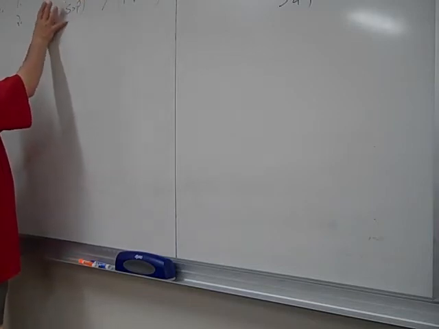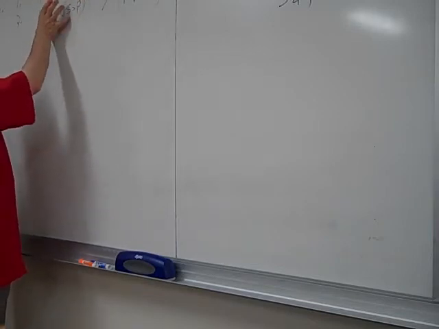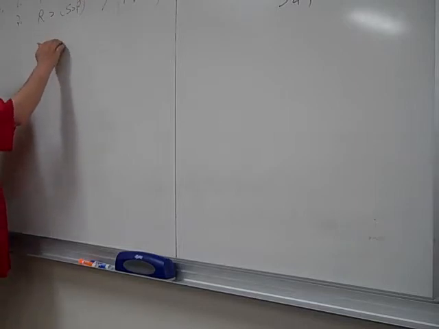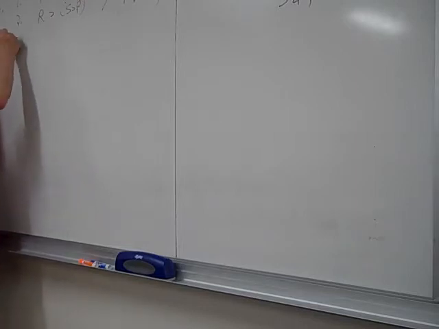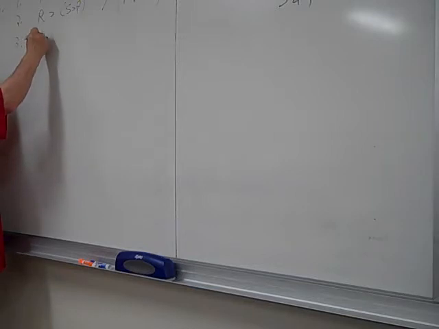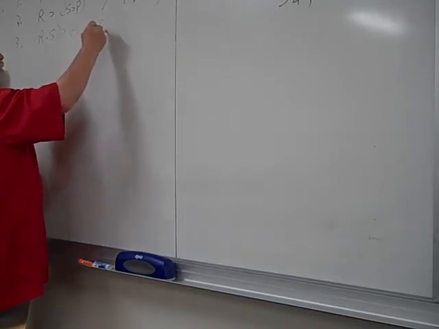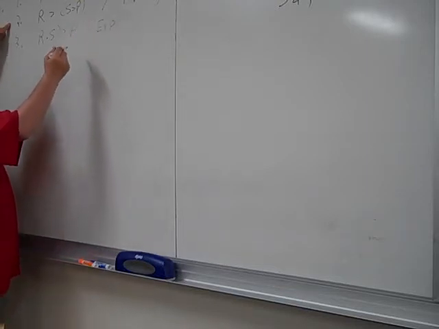So how do I get the R and S to look like this? I know if R then, if S then P, that's equivalent to R and S then P, and that's exportation on 2.